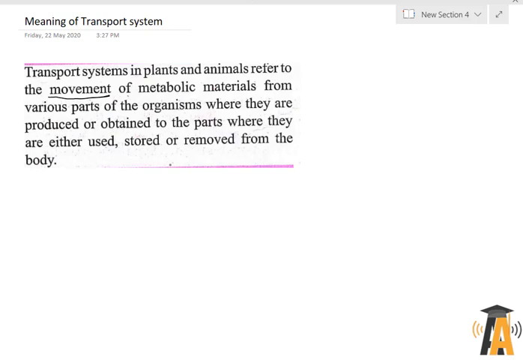So in other words, these materials are produced in one part of the body and they could be needed in another part of the body. Hence the need for a transport system so that they can be moved from where they are produced to where they can be used, or stored, or removed from the body, as the case may be.